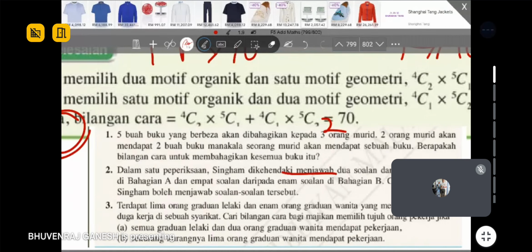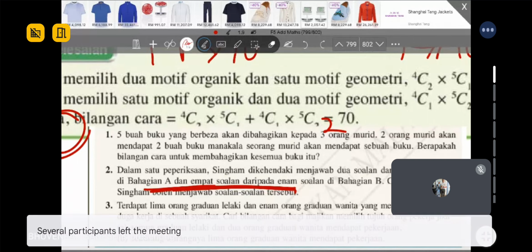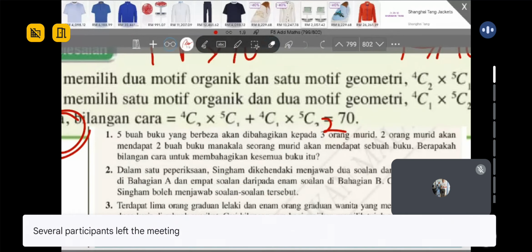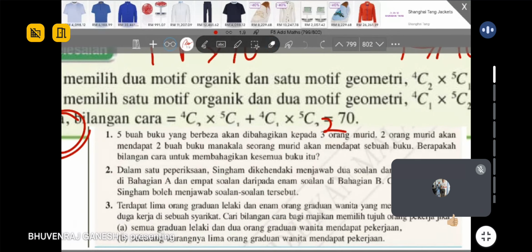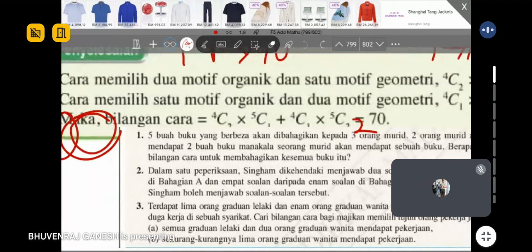So it's 3C2 and also 4 questions out of 6 questions. So 6C4. So 3C2 times 6C4. So boleh dapat jawapan. Alright. So this is question 2. So answer should be 45 untuk soalan kedua.